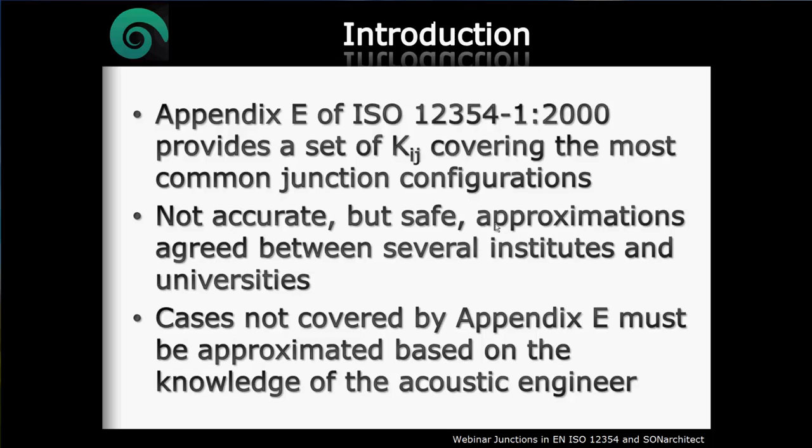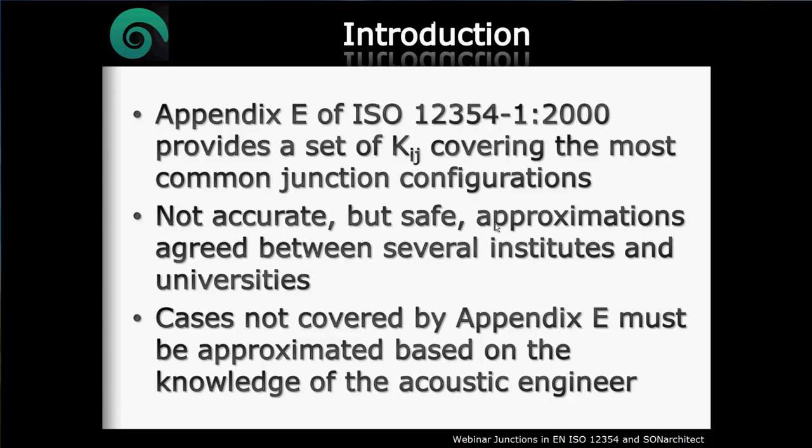So the problem is that the KJ indexes are still the same, and it is not growing. I mean, at least not from the end of the ISO 12354. There are some researchers that are working on new models and for making the prediction more accurate.